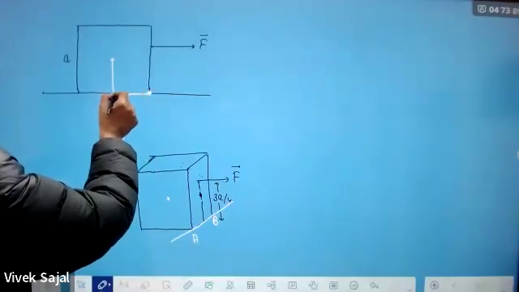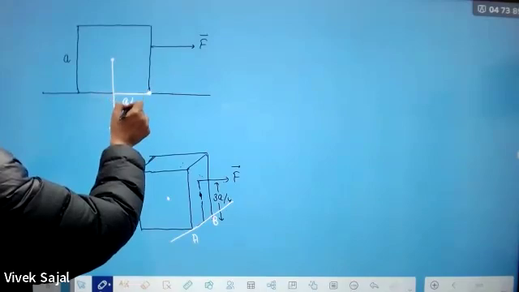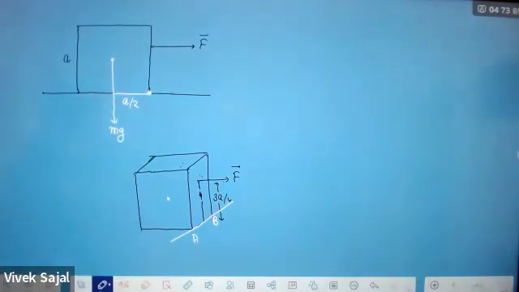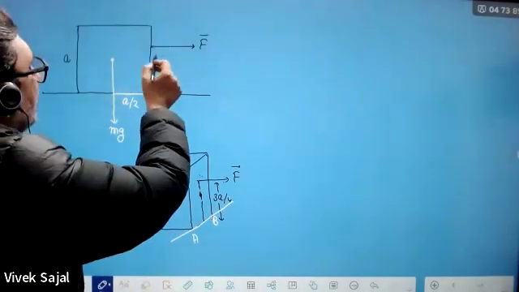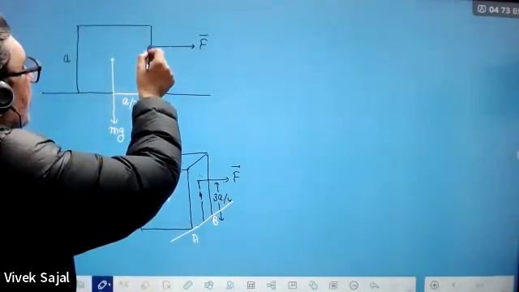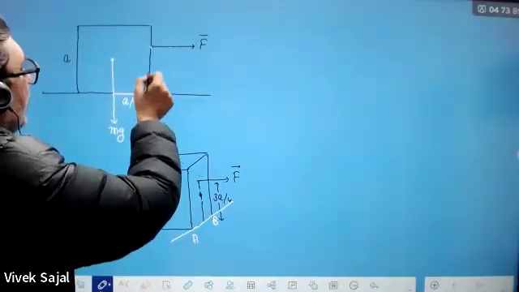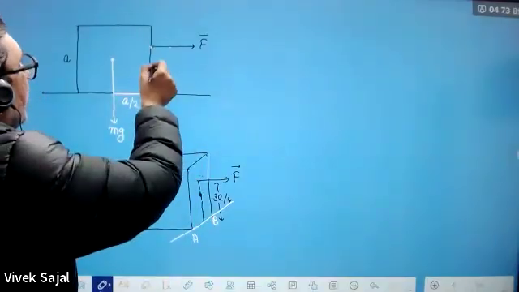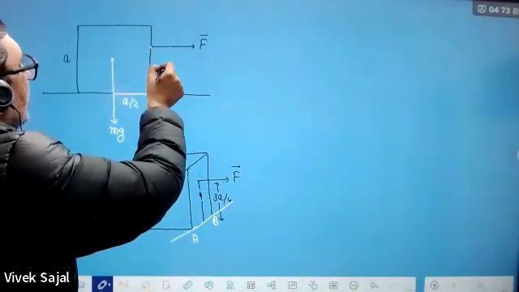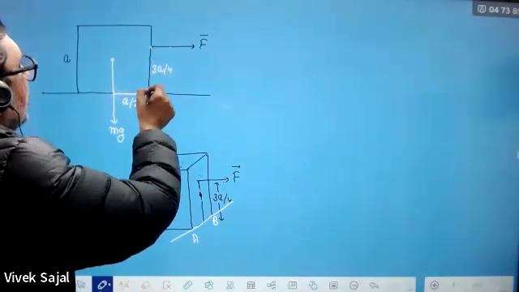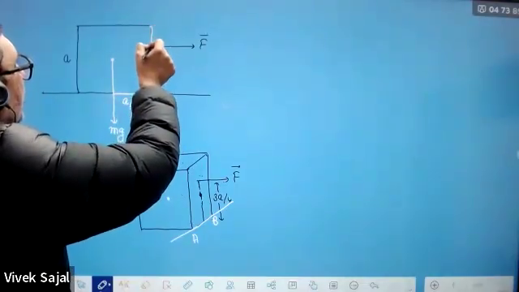That will be a by 2. Second is this force, and this force is at a perpendicular distance of 3a by 4.